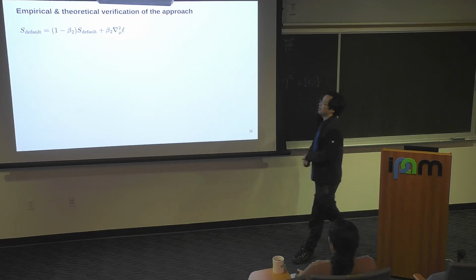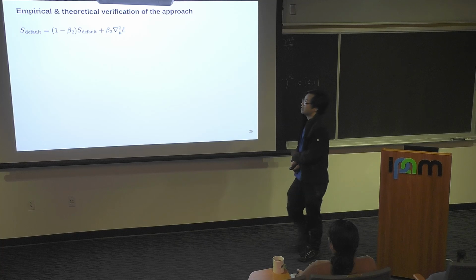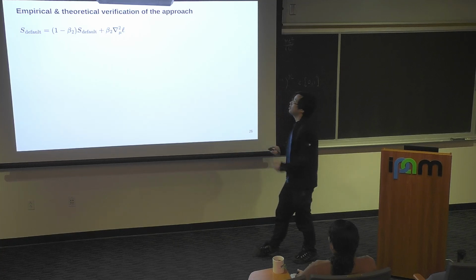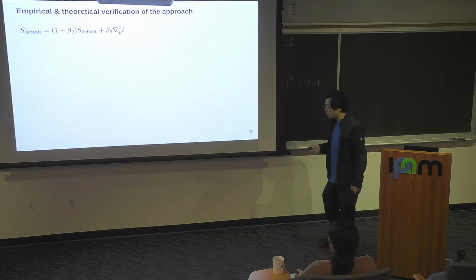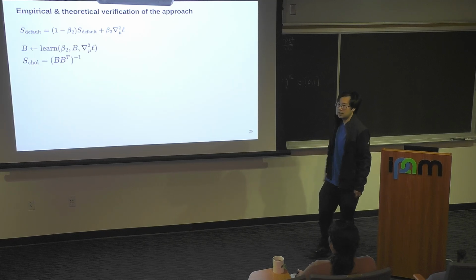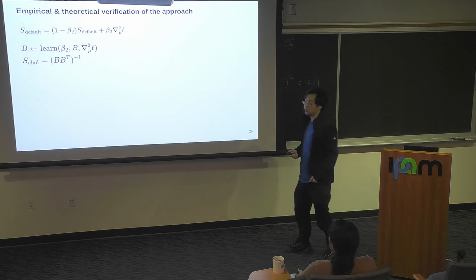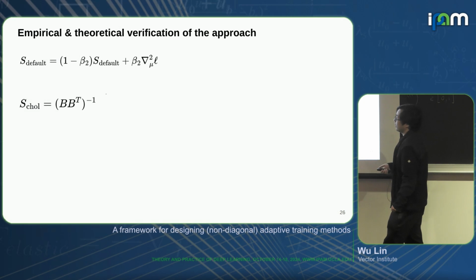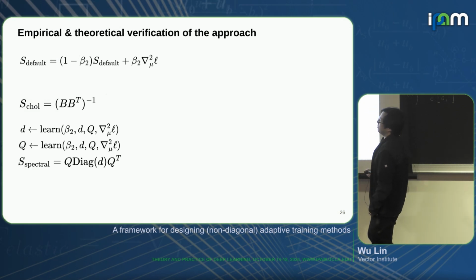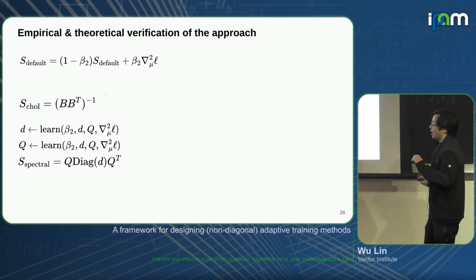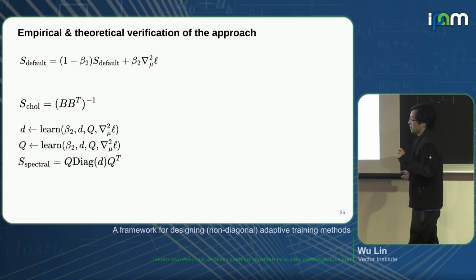Okay. So now we're going to talk about some empirical and theoretical verifications of this idea. This is our default update scheme. We update S directly, but we can also update the B factor, the Cholesky factors, and then reconstruct S back. We can also consider spectral factorizations and then reconstruct S back using this spectral factorization.